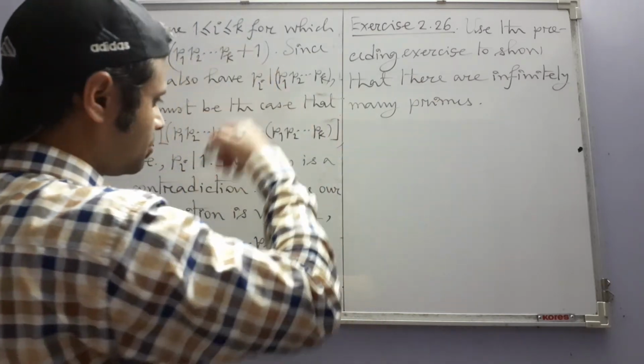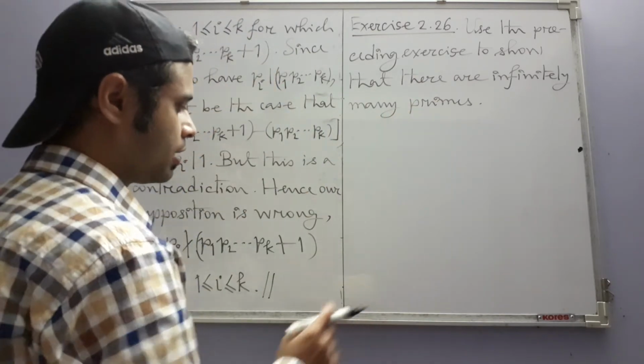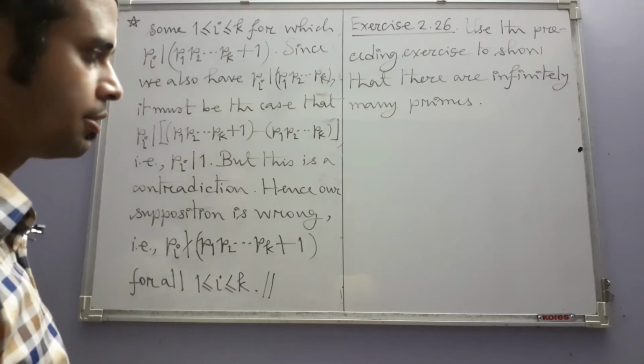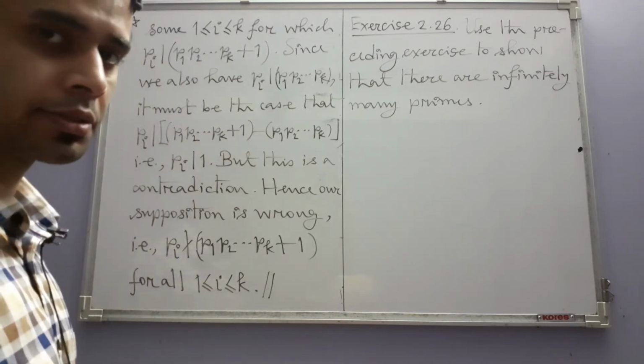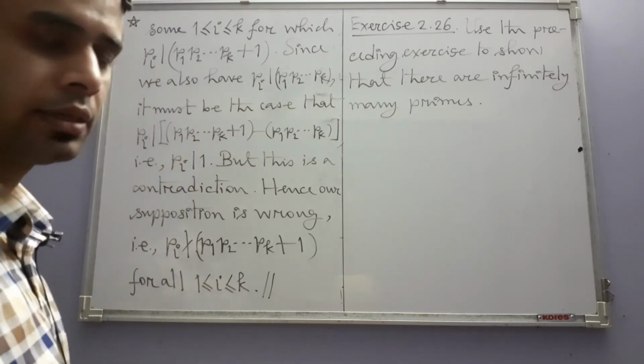So this previous exercise and this one, they actually constitute the well-known Euclid's proof of the fact that there are infinitely many primes.